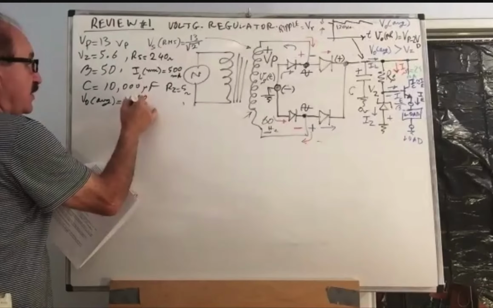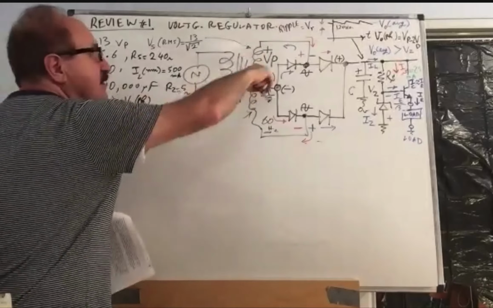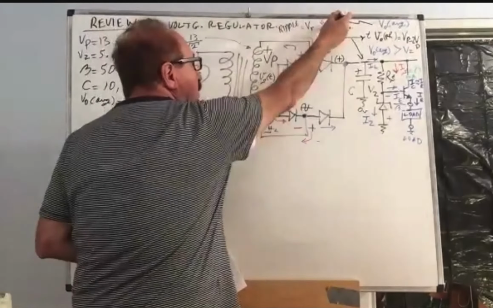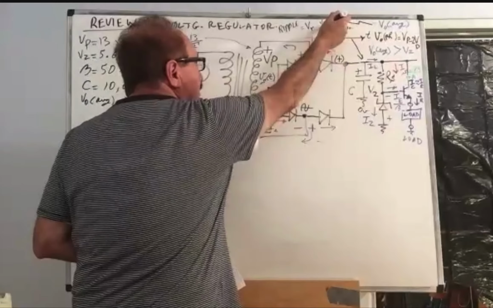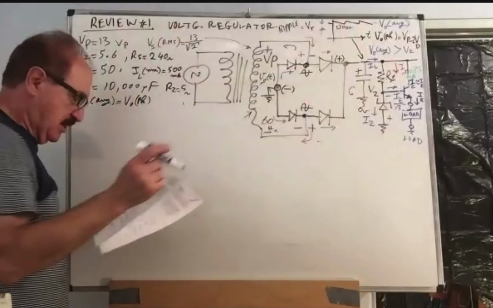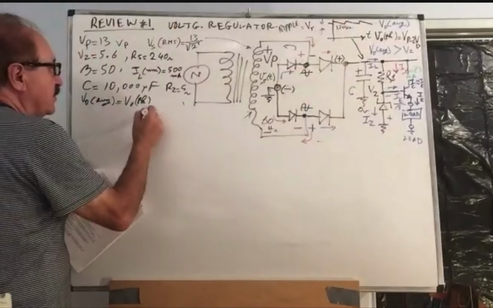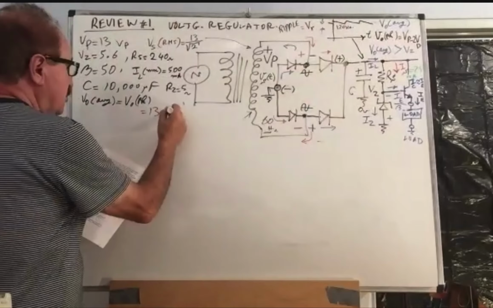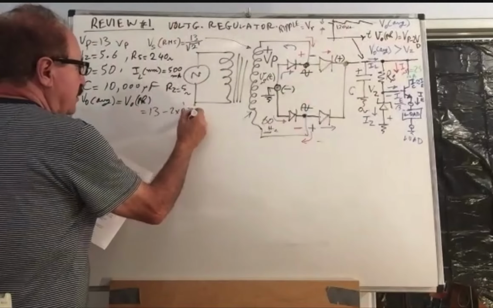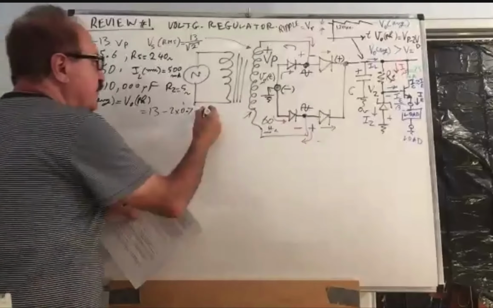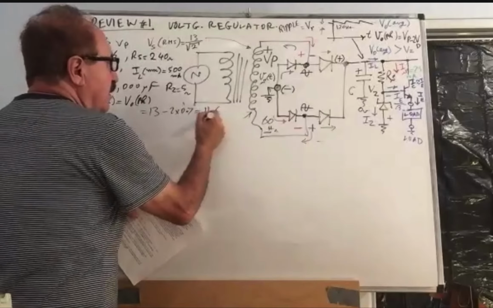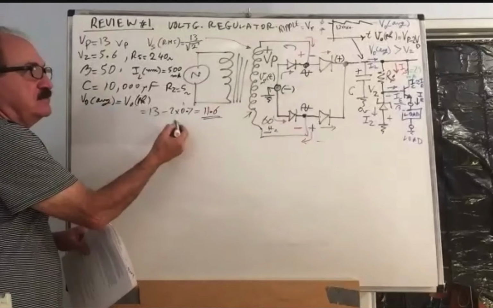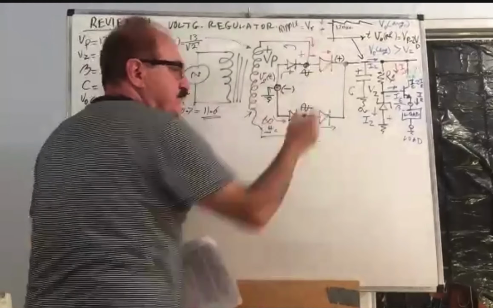So we decide to take the peak. It's close to the top one. So average the center, close to the top. It's just an estimation. It is 13 minus 2 times 0.7. That allows for diode drop, those two diodes.